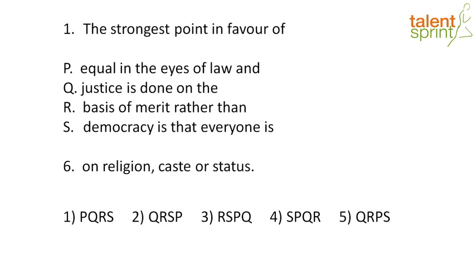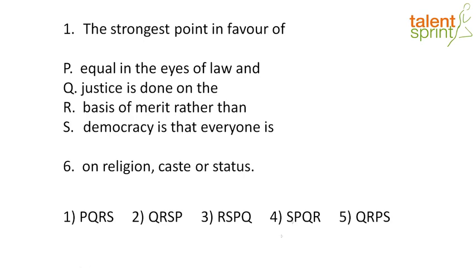So here we go. Again, we've applied the strategy of identifying the subject. Who or what is the question that points you to the subject, right? So the strongest point in favor of who? Favor of democracy is that everyone is what? Equal in the eyes of law, and justice is done on the basis of merit rather than on religion, caste, or status. So which is the sequence that gives you that?